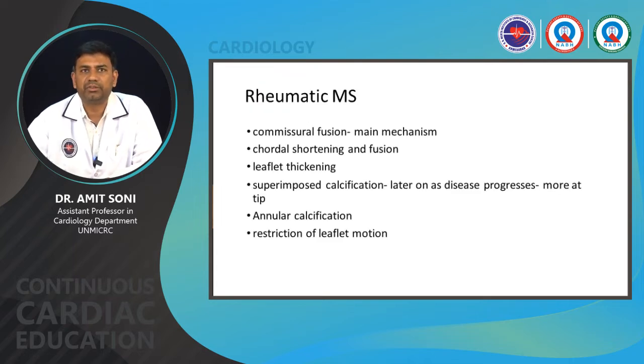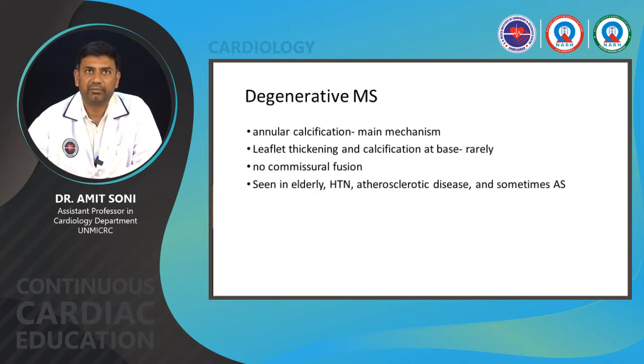So coming to the most common etiology, rheumatic mitral stenosis: commissural fusion is the main mechanism, chordal shortening and fusion, and leaflet thickening, with superimposed calcification later on as disease progresses, and annular calcification and restriction of motion. So the main mechanism is commissural fusion. Degenerative mitral stenosis: the main mechanism is annular calcification, leaflet thickening and calcification at the base, rarely, and no commissural fusion.